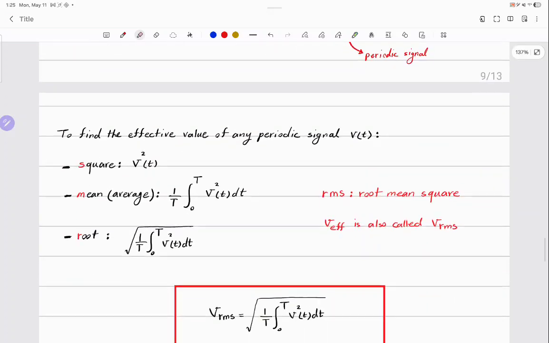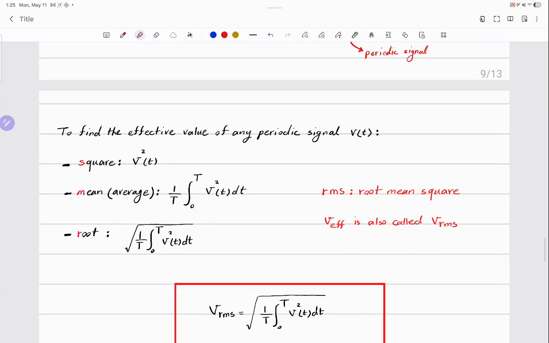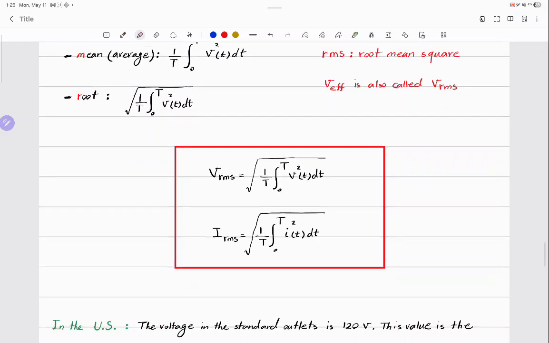So RMS is actually root mean square. So instead of V effective, sometimes we call it V RMS. Does it only apply to voltages? No, it can be applied to currents as well. So I want you to remember what you do in order to calculate the RMS value. First square it, then mean it, then root it.